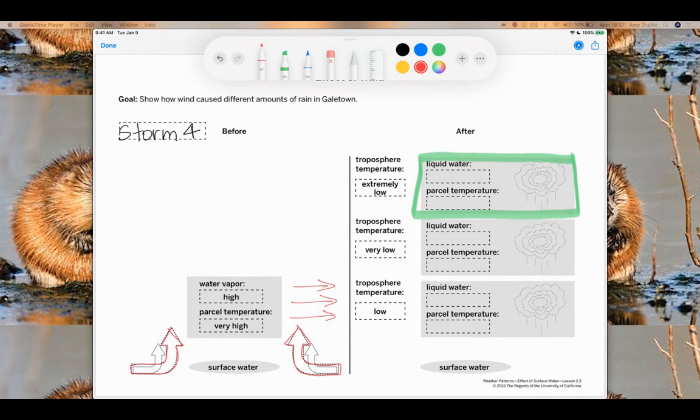So here, the amount of liquid water was very high, right? Because that parcel kept moving up and up and up. And in order for it to do that, we had to have extremely low temperature. And so what do our clouds look like? We're going to outline this biggest one, and we're going to show all of the rain falling there.